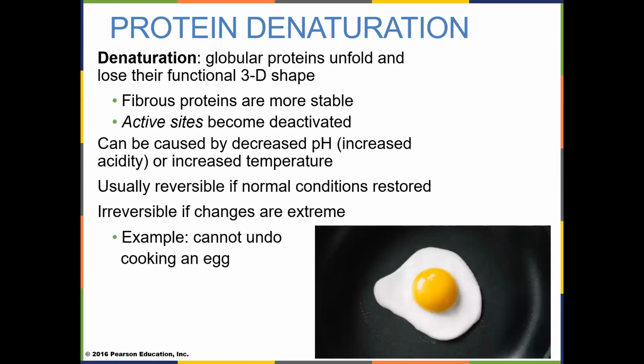Problems with proteins: they can become denatured. A globular protein is very sensitive to temperature, and it will change its shape drastically. Fibrous proteins don't worry about that so much. Fibrous proteins are very stable, but globular proteins can become denatured and deactivated.